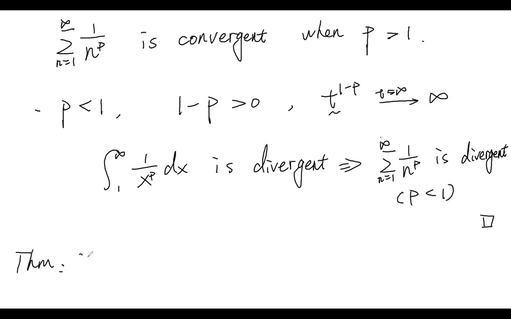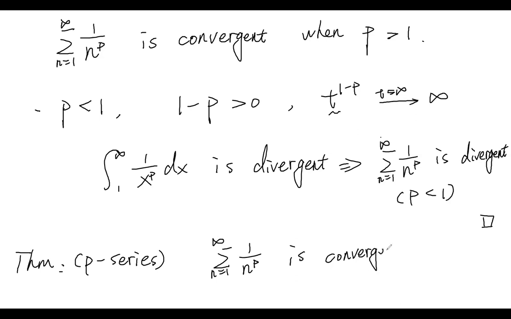The p series, the series of 1 over n to the p, n starts from 1 to infinity, is convergent when p is greater than 1, and is divergent otherwise.